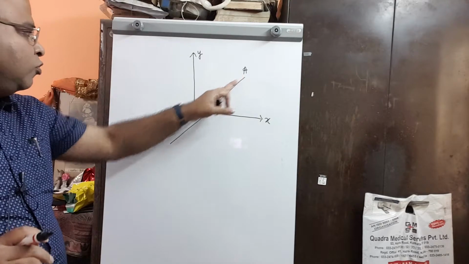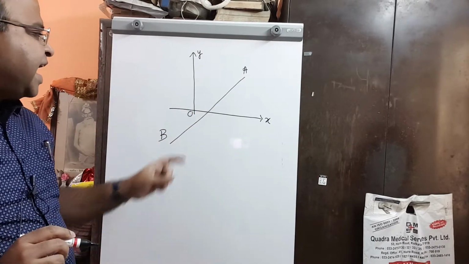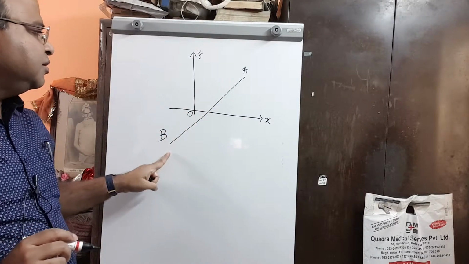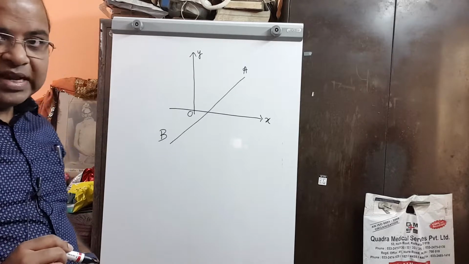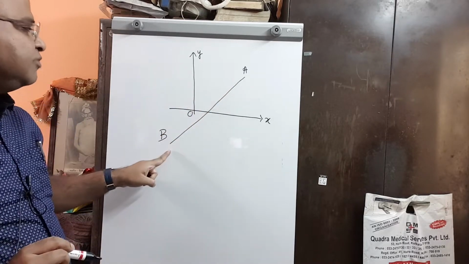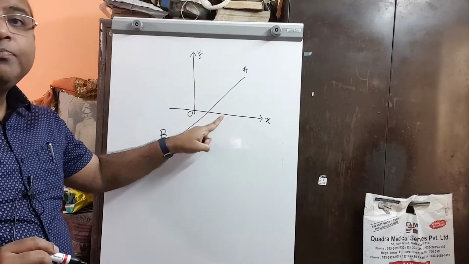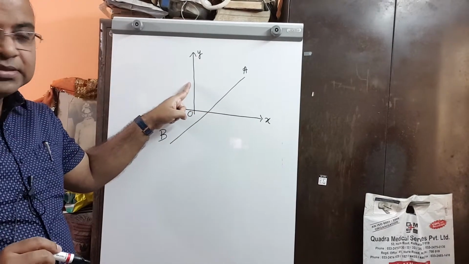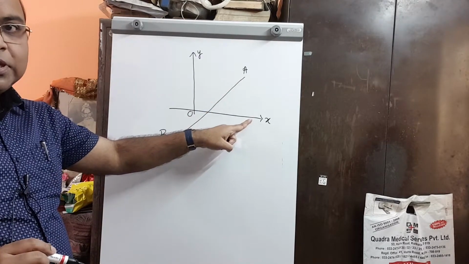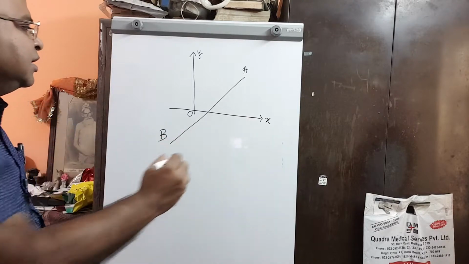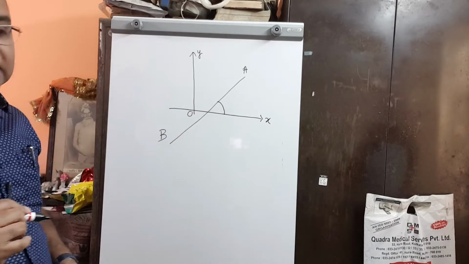to study the slope of this line AB, first we have to study the angle of inclination of the line with the x-axis. So what do we mean by angle of inclination of a line? By angle of inclination of a line, we mean the angle which the line forms with the x-axis in the positive sense, not with the y-axis. We shall consider the x-axis only in this case. So this is the angle which the straight line forms with the x-axis.